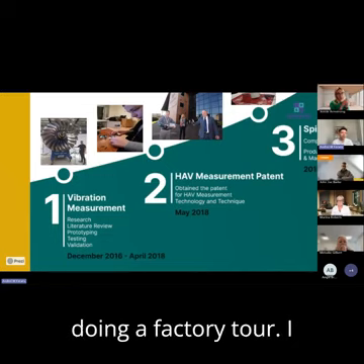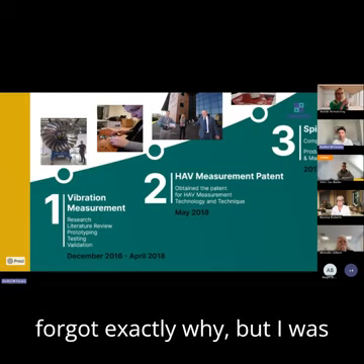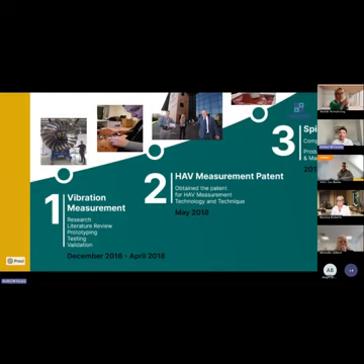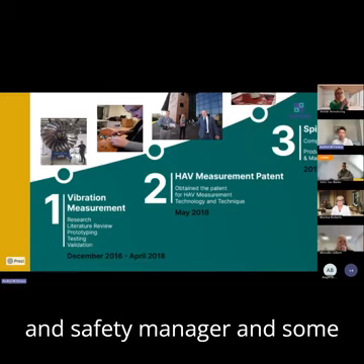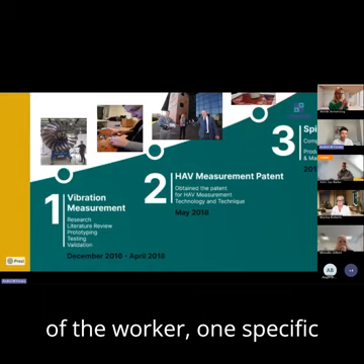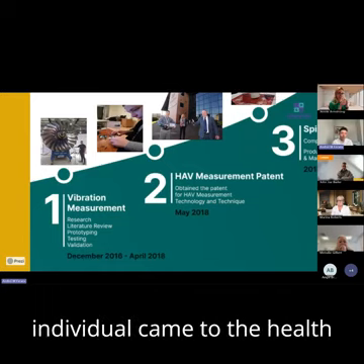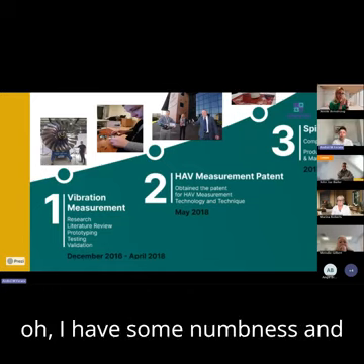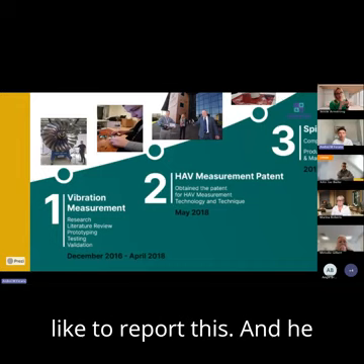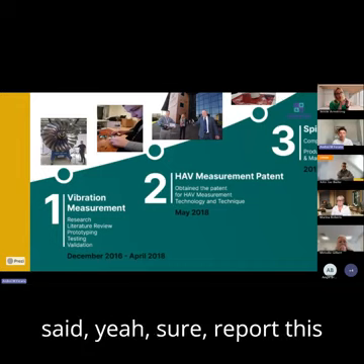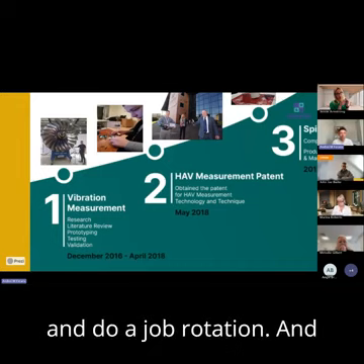I was doing a factory tour. I forgot exactly why, but I was on a factory tour, and I was escorted by the health and safety manager. And one specific worker came to the health and safety manager and said, "Oh, I have some numbness and tingling. I think I would like to report this." And he said, "Yeah, sure, report this and do a job rotation."